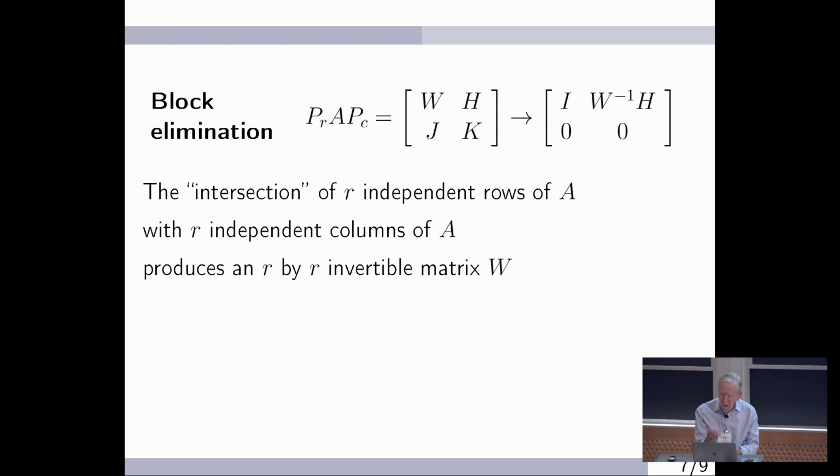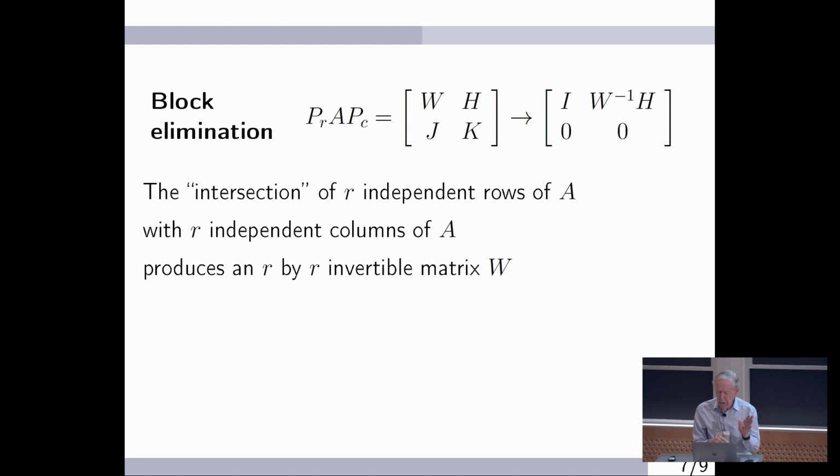And all we're doing in elimination is looking at the step there on the top line, from the original matrix with permutation to put the W in a good place.